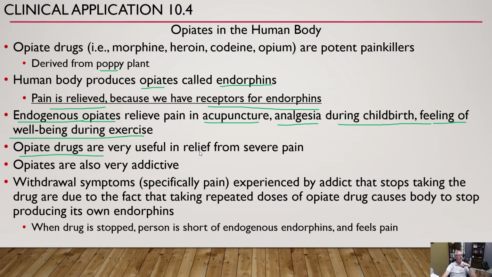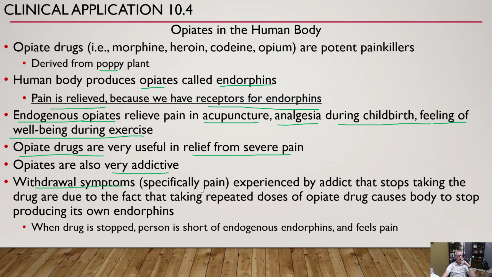Opiate drugs are very useful in relief from severe pain. However, they are very addictive. A lot of physicians won't write a prescription for more than 10 days. Some are going now to 4 days, especially in Robeson County. A lot of drug addiction in Robeson County.